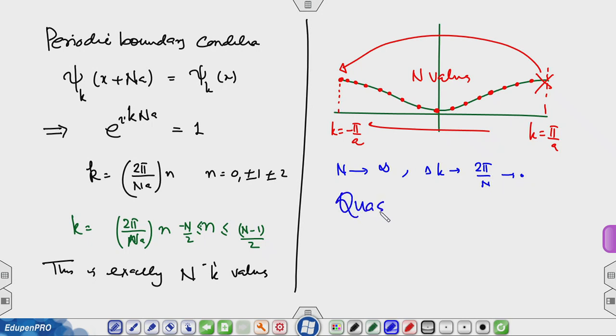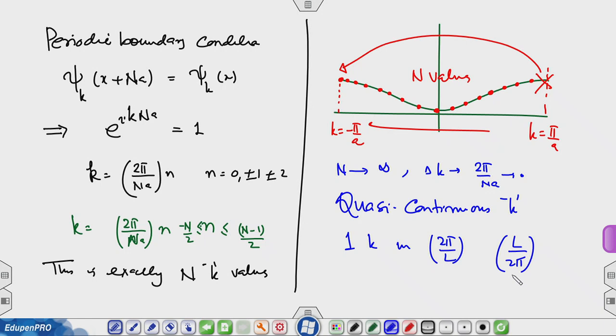So, these are known as again quasi continuous case, and there is exactly 1 k in 2 pi by L. So, the density again is L over 2 pi. So, all the mathematics remains the same as was done for phonons or for free electrons. Right. So, what we will do, all this we will consolidate into Bloch's theorem in the next lecture.